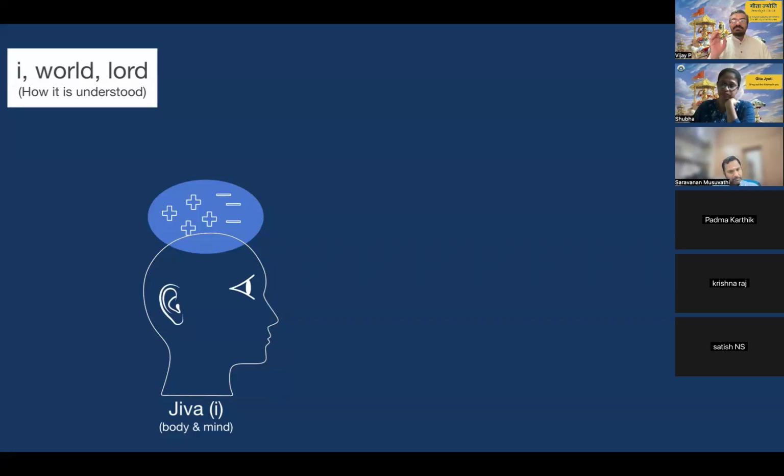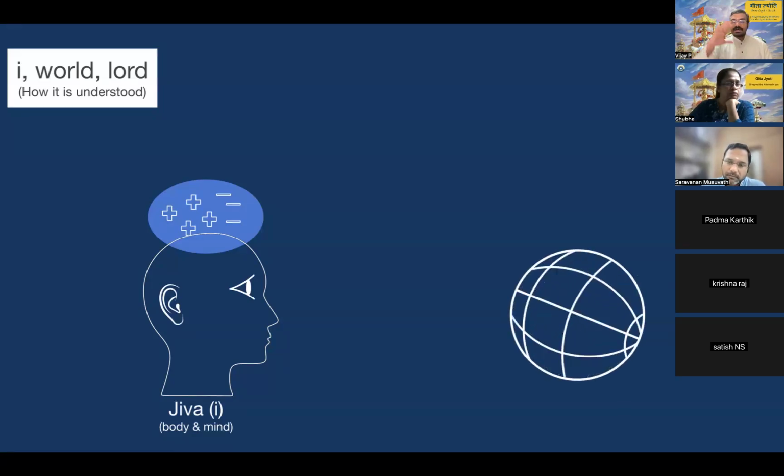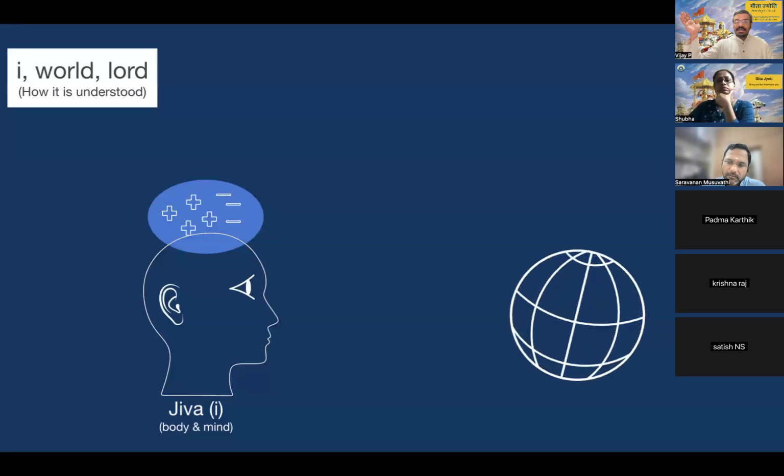And what is the viewpoint of a Jiva? As a Jiva, how does one look at life at a very fundamental level? So I look at something called a world which is outside of me, and I've given different names to it. It may be world. One of the technical words is Jagat.